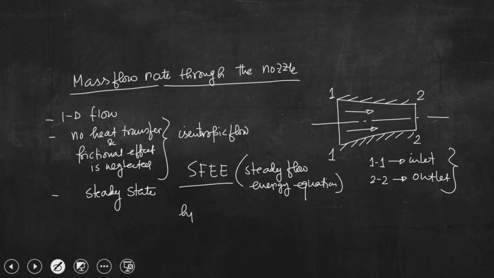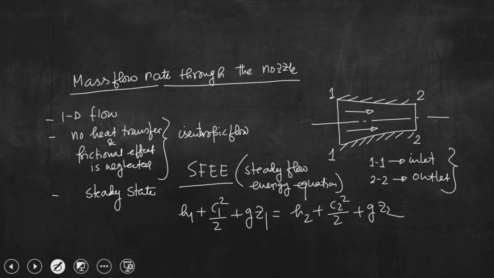So, we can write h1 plus C1 square by 2 plus g z1 equal to h2 plus C2 square by 2 plus g z2. While writing this equation, we have not considered heat and work interaction, because there is no heat interaction, which we have already assumed, and this is not a work interacting device.